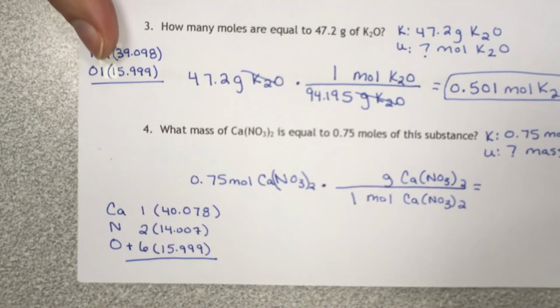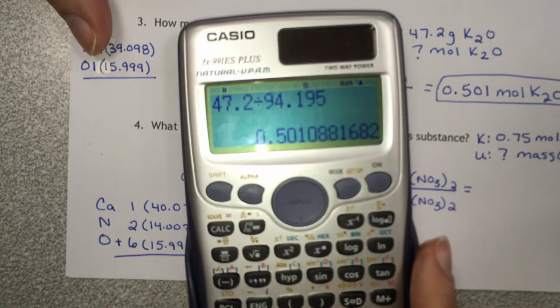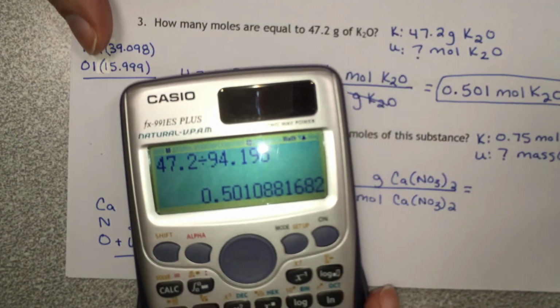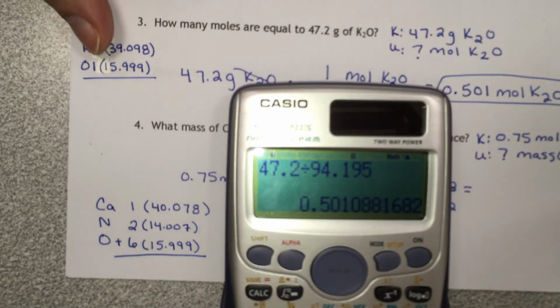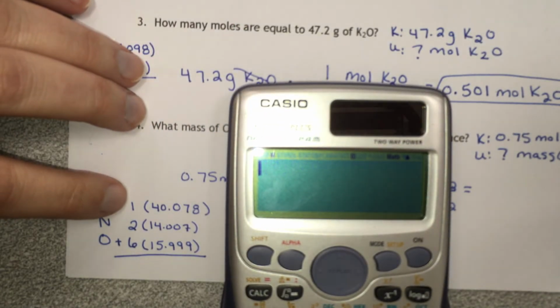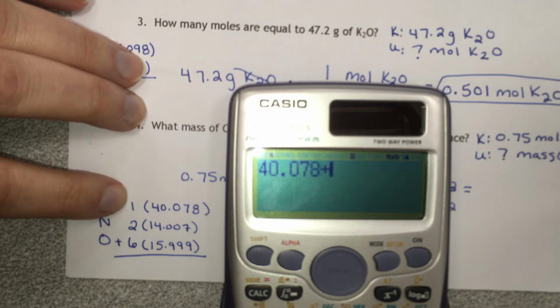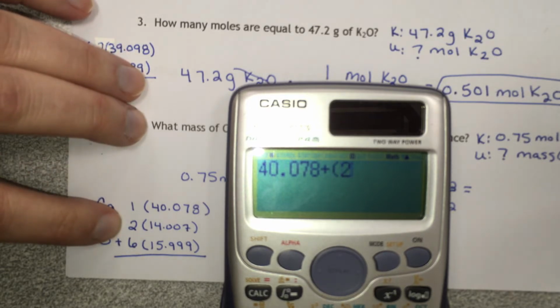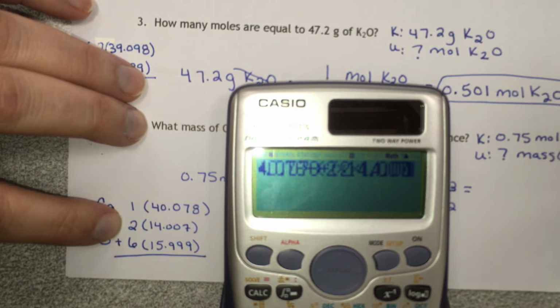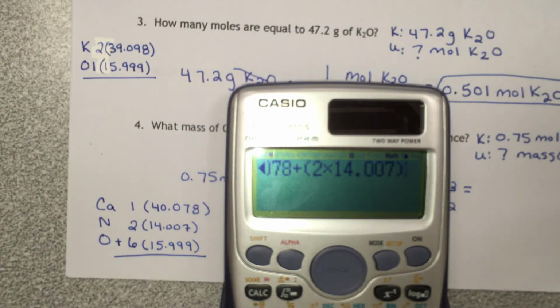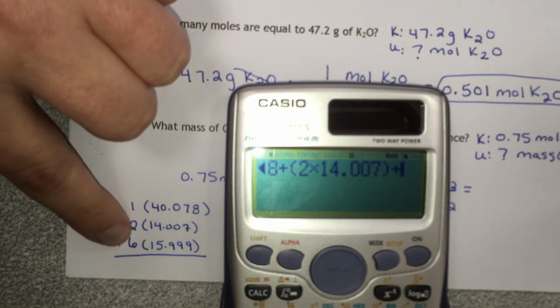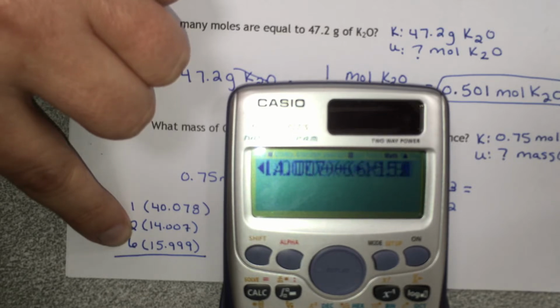Multiply and then add them together and we'll have our molar mass. I don't know what's easier for you. So we don't have to multiply by that, so we will put 40.078 plus 2 times 14.007 plus 6 times 15.999.